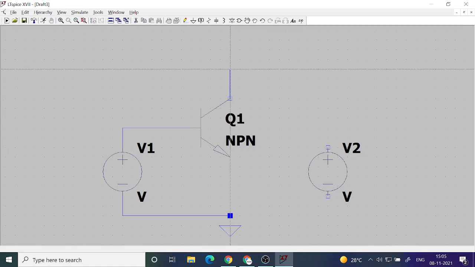For the time being, I am avoiding any resistor, but if you are doing this in the lab, you have to put a resistor, otherwise you will end up destroying the device. But in simulation, it is okay. I connected two voltage sources like this.